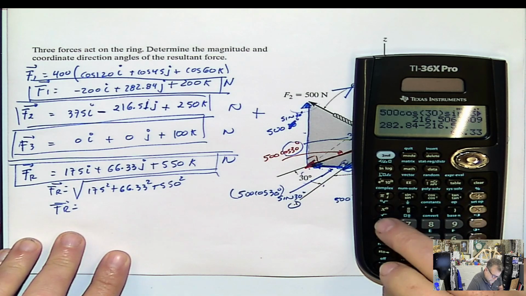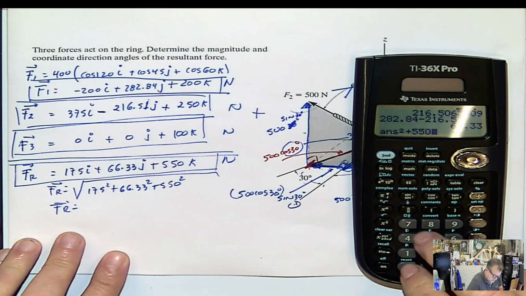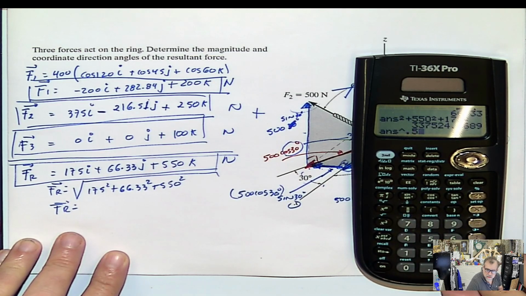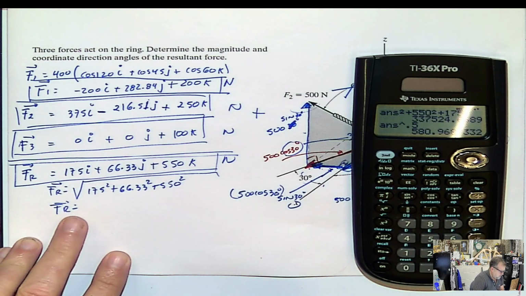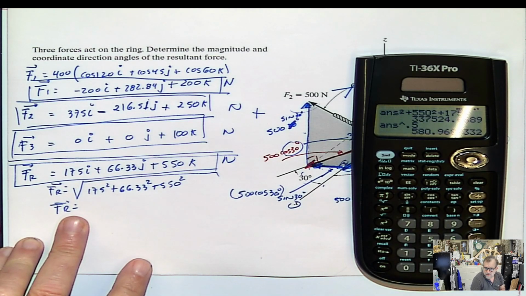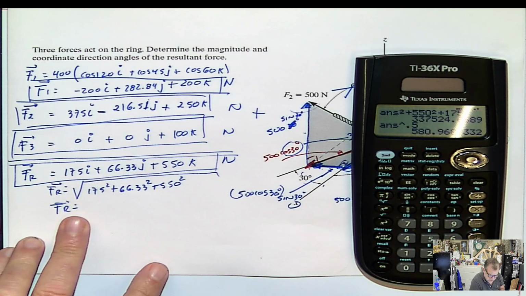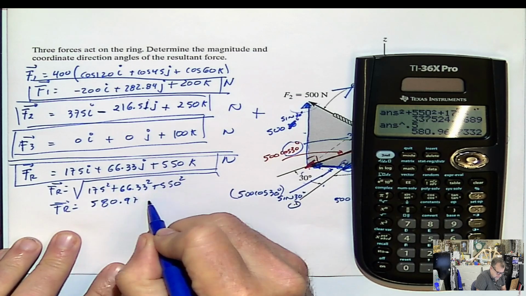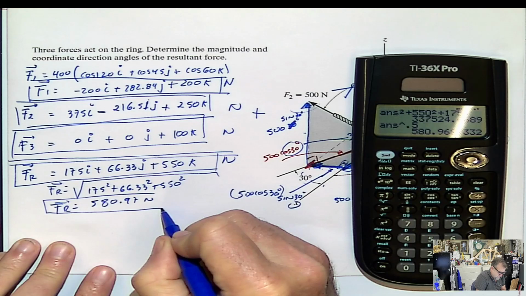I'm going to take the square root, which is the same thing as elevating it to the 0.5, and that's going to be 580.97 Newton. That's the magnitude of the force.